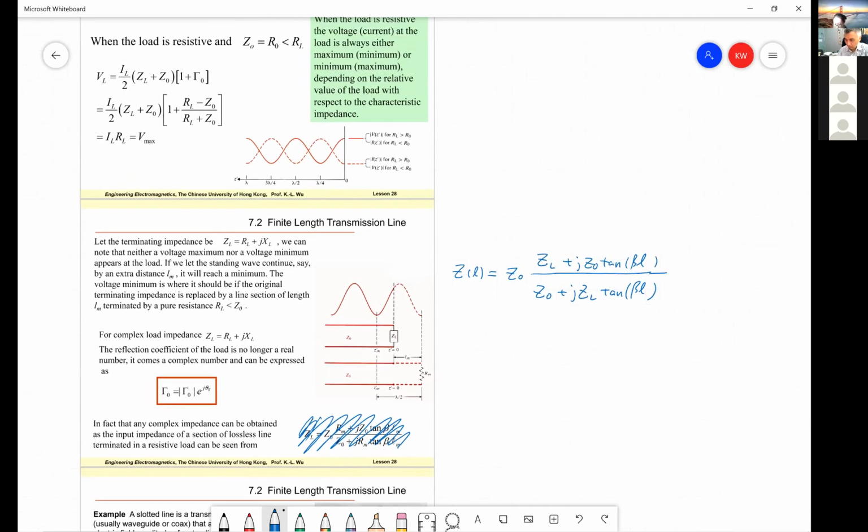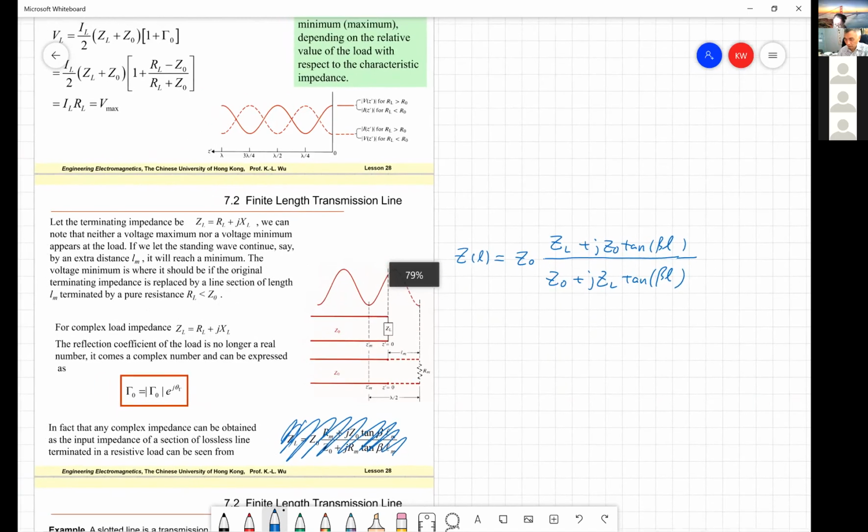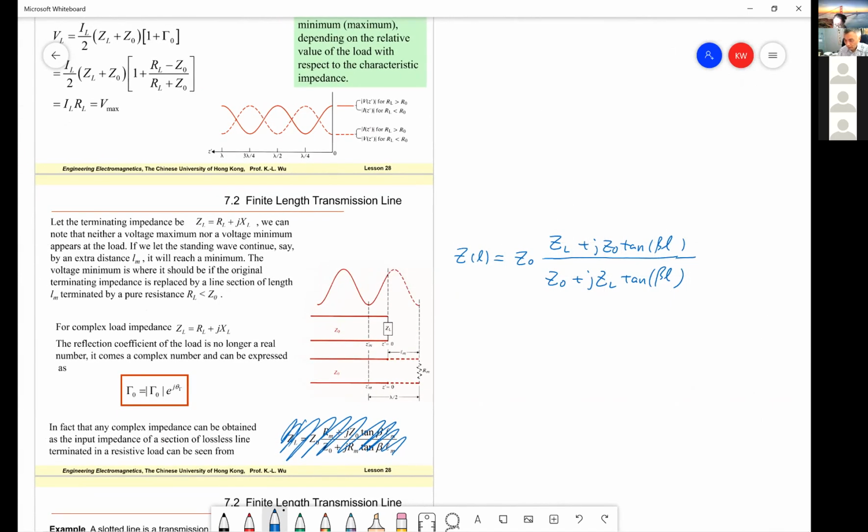Now my question is, if I measure from the terminal, I know this is my reference plane. I know the coordinate is measured from 0. Then when z prime equals this, I get a minimum. Then after a half wavelength, this is a minimum again, right?